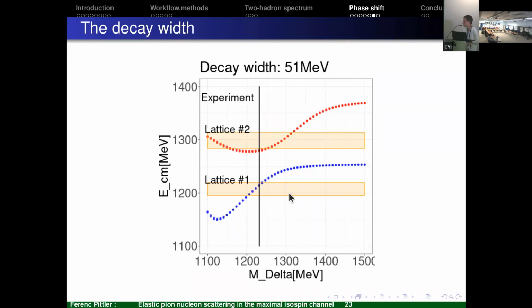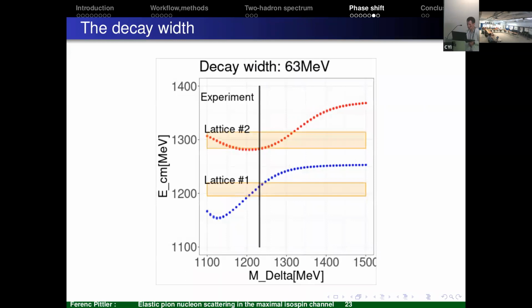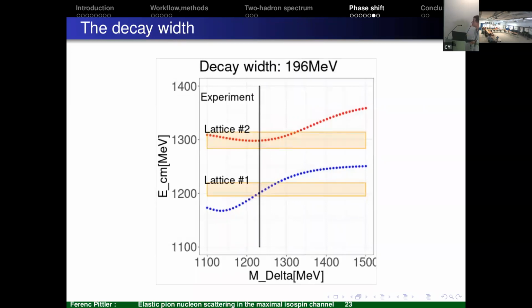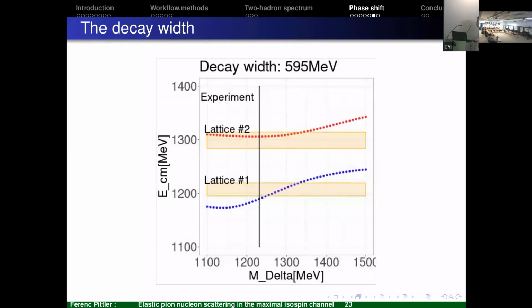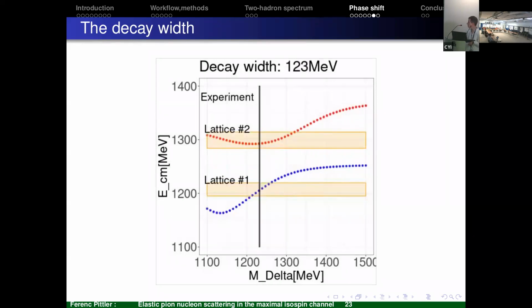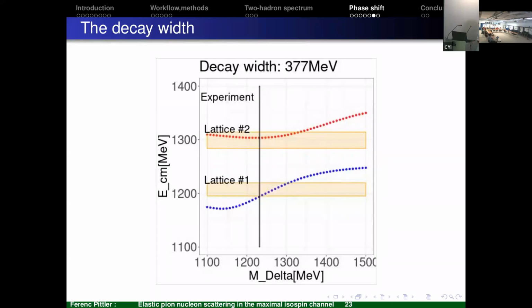Here I just wanted to show you a simulation, basically a GIF, in order to illustrate how the predicted energy levels change if I change the width. As you can see here, I changed the width by basically 3 orders of magnitude, and the predicted energy level basically doesn't change.